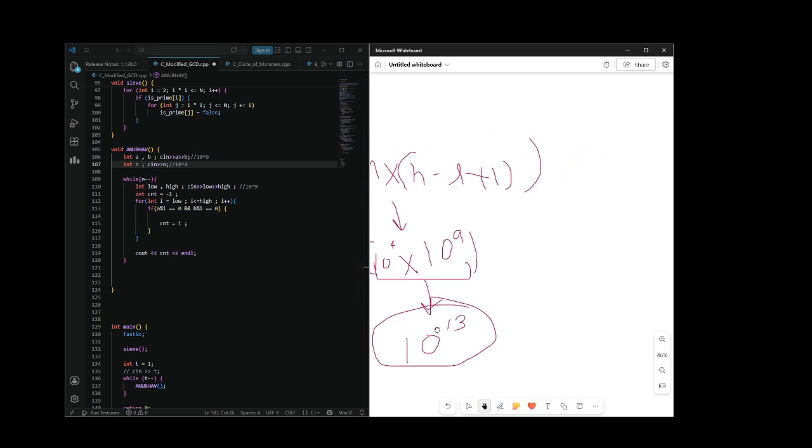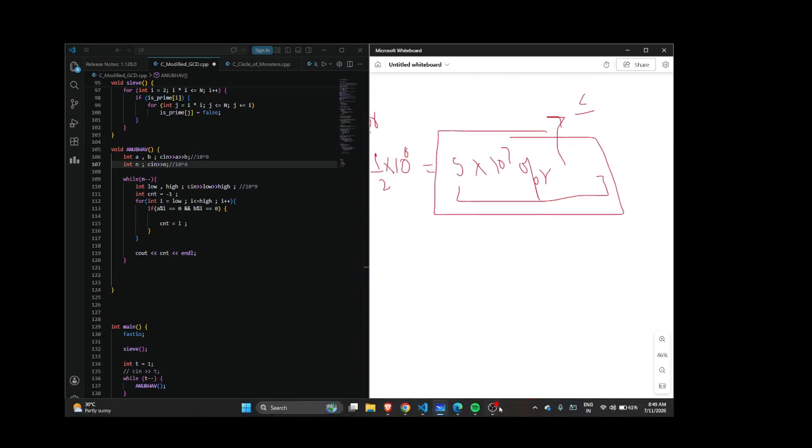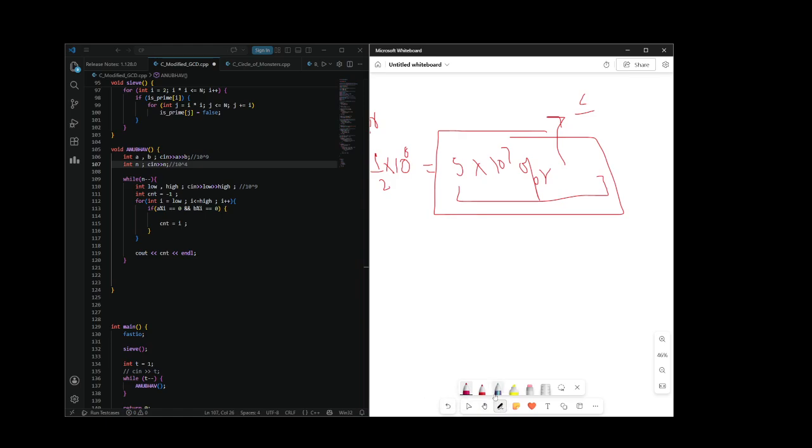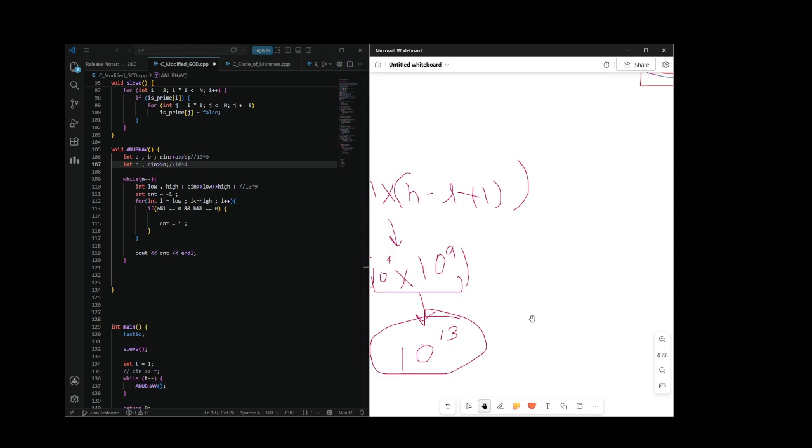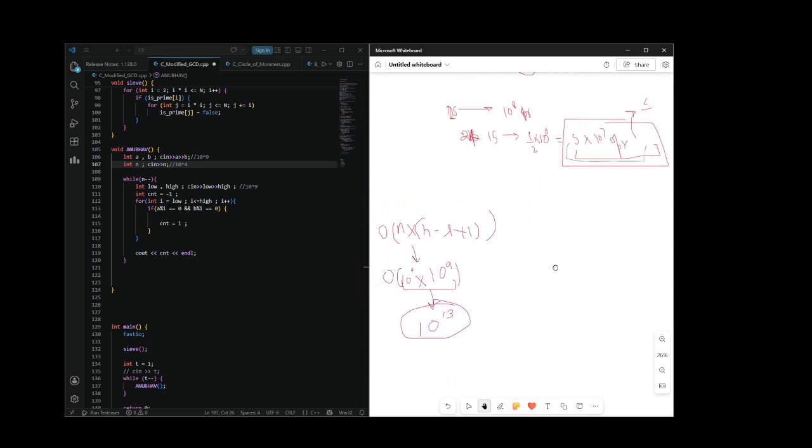Fine. And the required TC for the problem, below which the code would be acceptable, is 10 to the power 7. So definitely there is a vast difference between these two. So this will give us TLE, right? Understood? Fine.